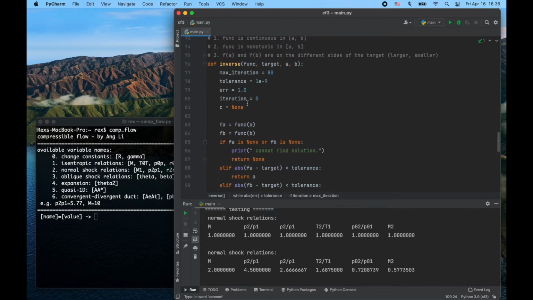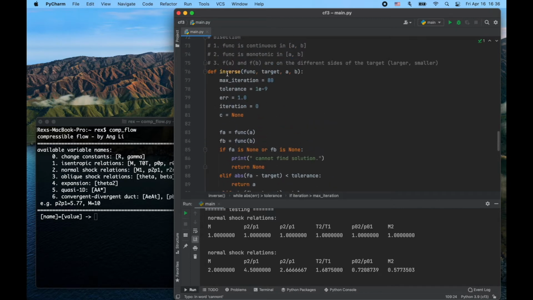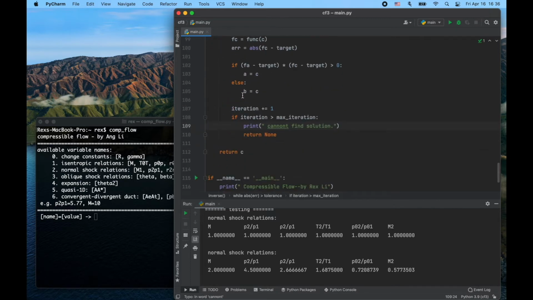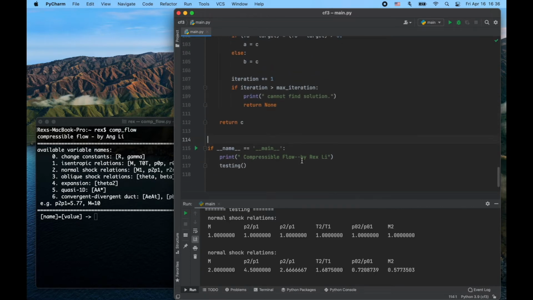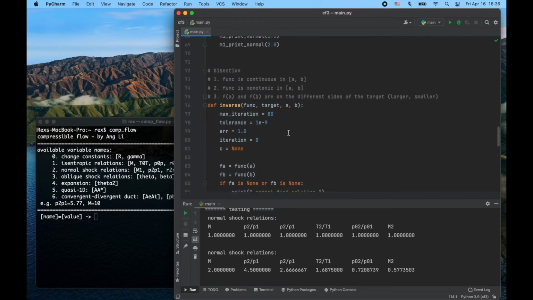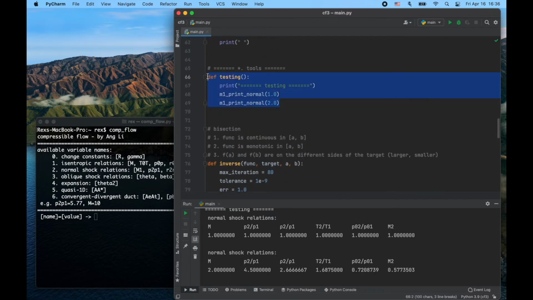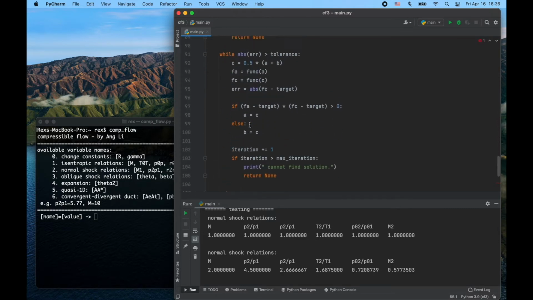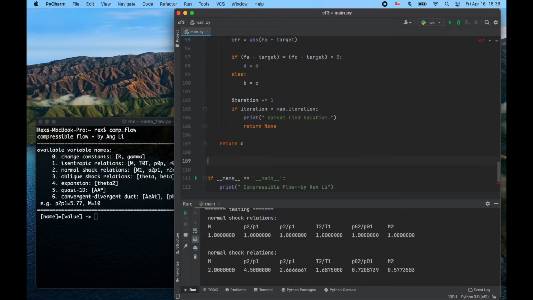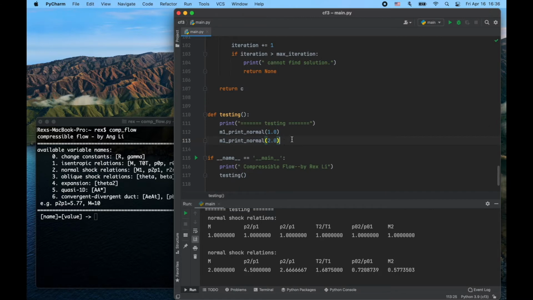Okay, let's see how we can implement this function. So let's test with Mach number 1 equals to 2.0.